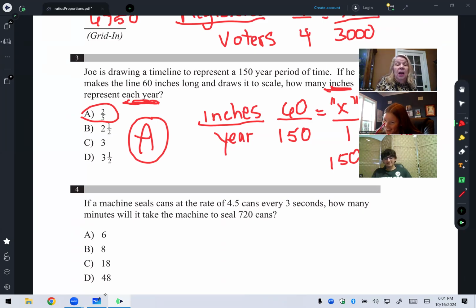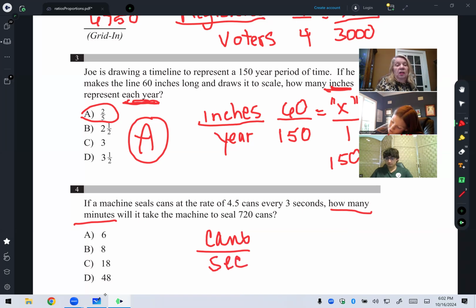Okay, a machine seals cans. So sometimes there's a double conversion hidden in the problem. It would be a little harder, but they don't actually ask you any hard conversions like 1,760 yards in a mile. You don't have to know those things. This is just how many seconds in a minute. So we're going to do cans per second first.